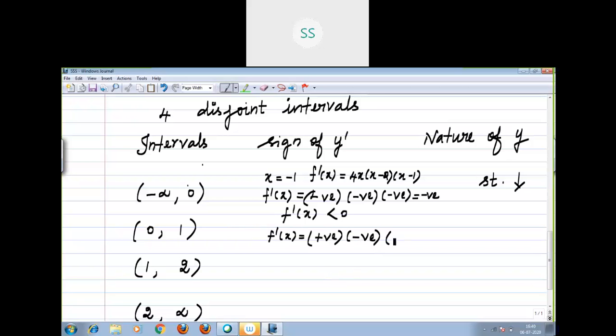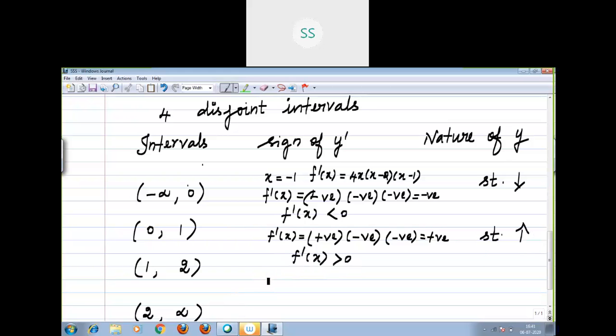Second bracket also will act as negative. Finally, you get it as positive. That means f dash of x greater than 0. What is your conclusion here? Strictly increasing. Now you will come to the next step, 1 comma 2, right?